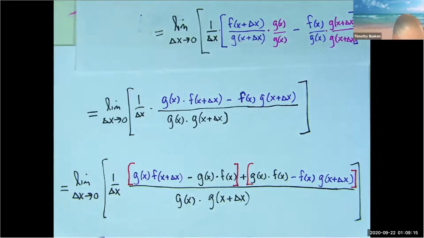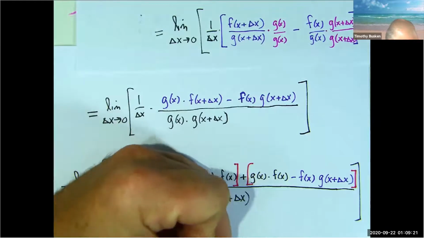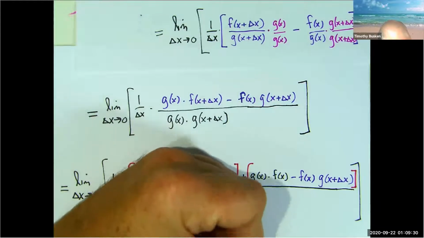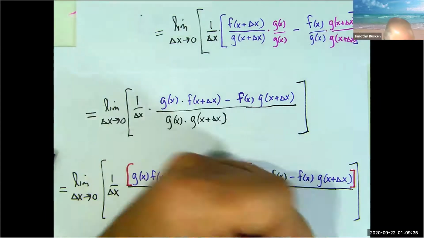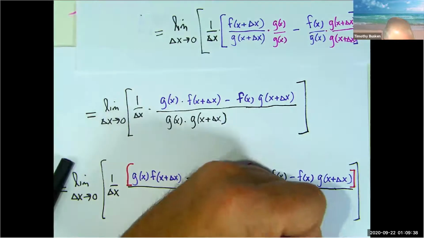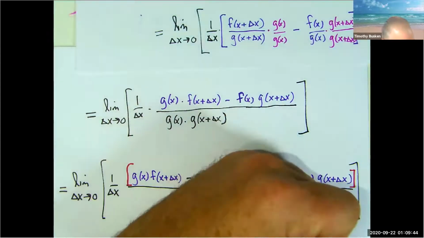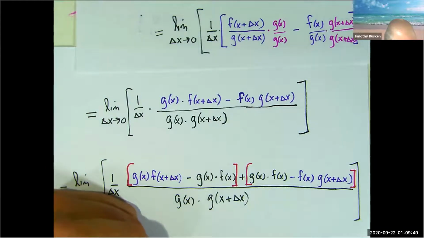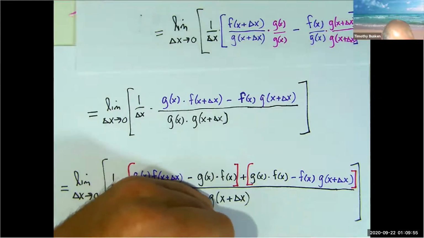And the second bracketed expression has the greatest common factor of f in it. So I'm going to factor that f out. And we'll be left with g of x minus g of x plus delta x. That's all over one denominator, delta x times g of x times g of x plus delta x.